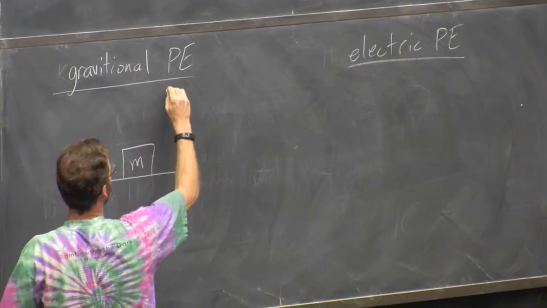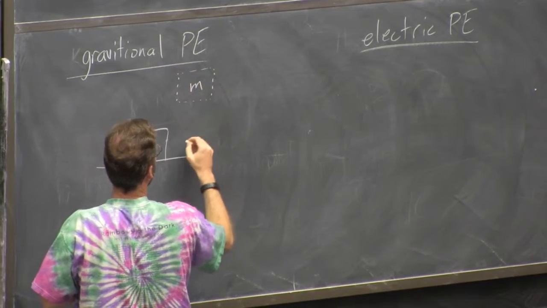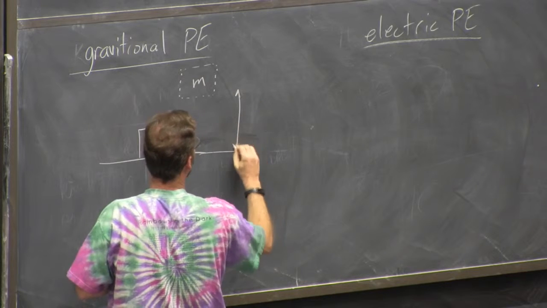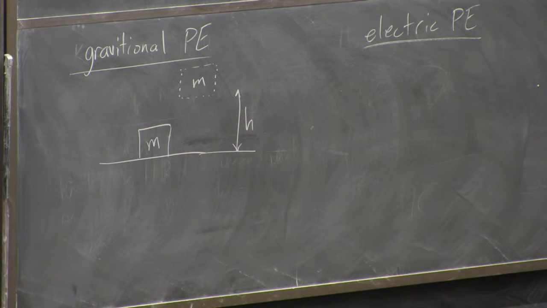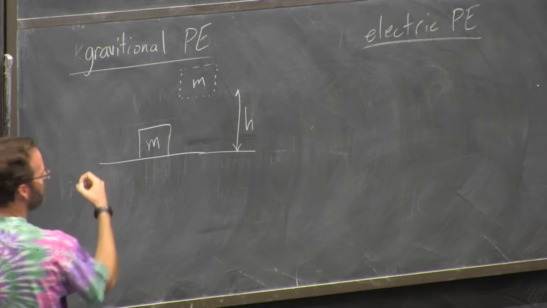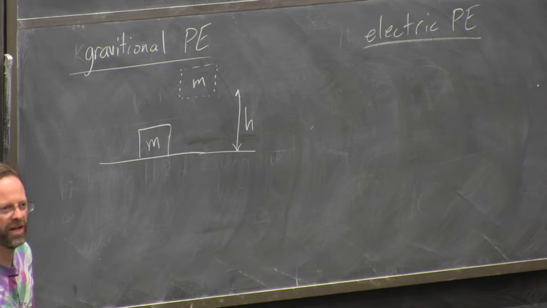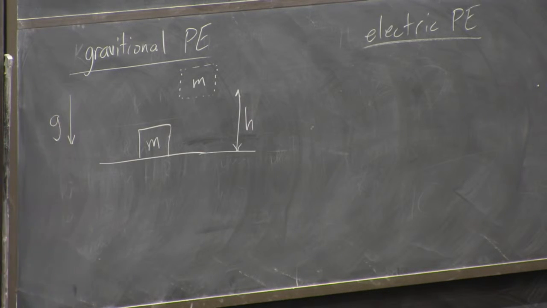If you lift it up to here, up a certain height, and something we took for granted, but we talked about, this depended on gravity, the fact that we're in a gravitational field. It's directed down. We'll represent it with G.